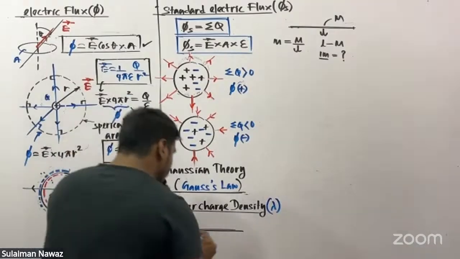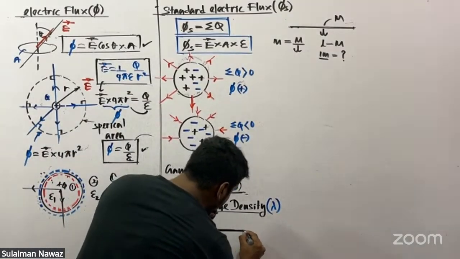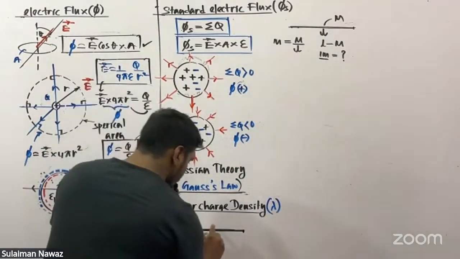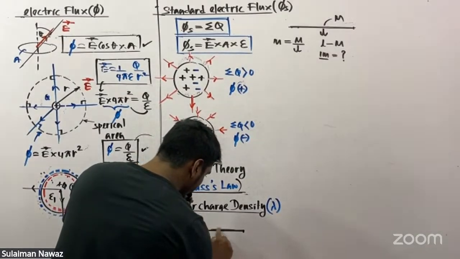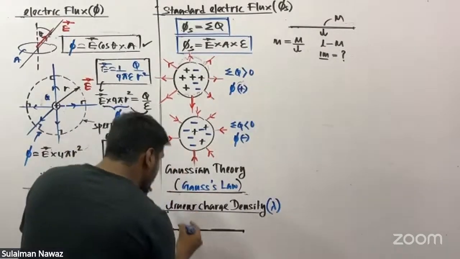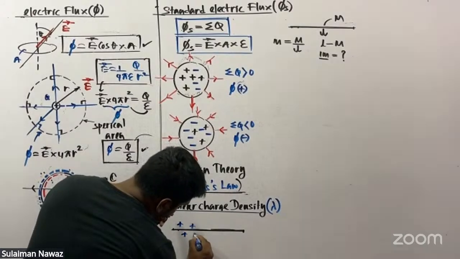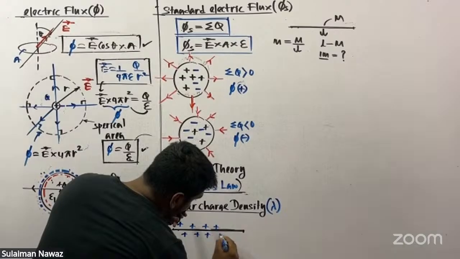And you notice that charges are distributed on this lengthy object in this manner. The charges have spread along this linear object. Charge distribution is a kind of linear charge distribution.